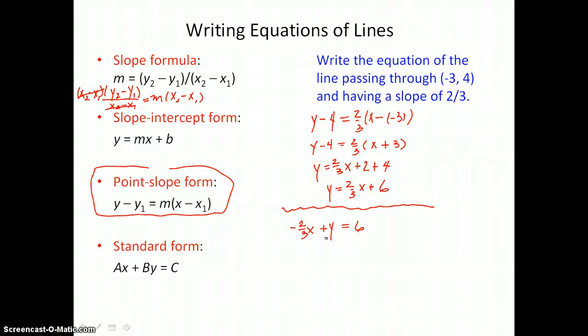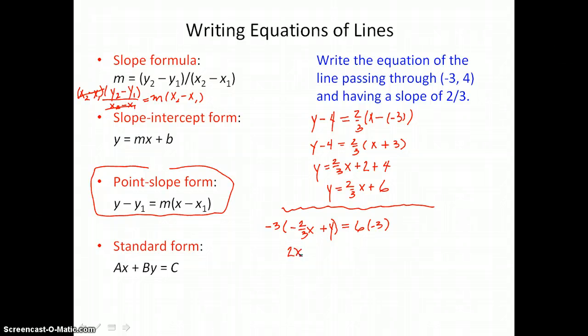And then in standard form, a, b, and c are integers, a being a positive integer. So now to make sure that a, b, and c are integers, I'd multiply both sides of this equation by -3. So distributed on the left, I have -3 times -2/3 x. Well, 3's cancel, and a negative times a negative is a positive.